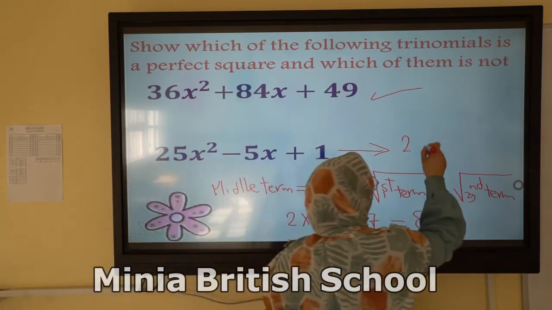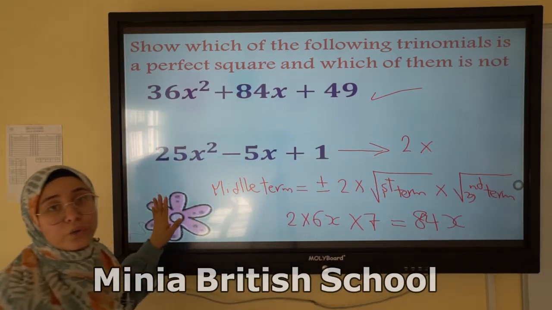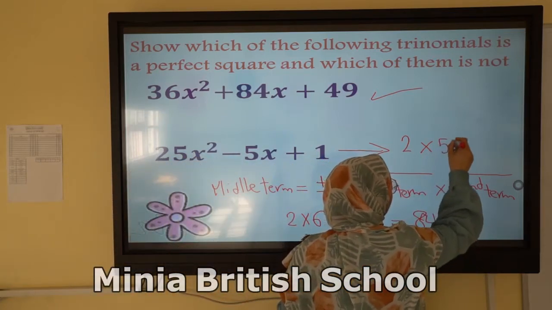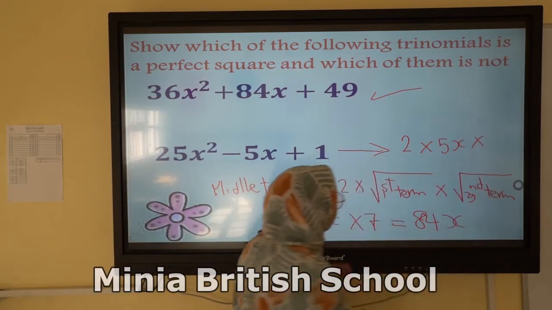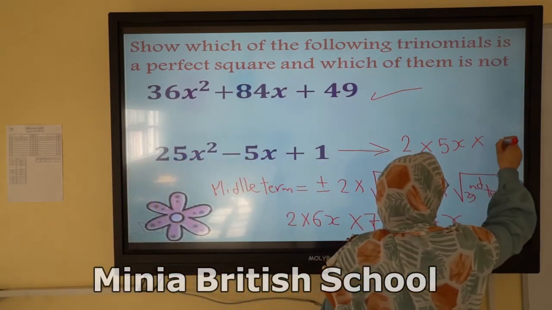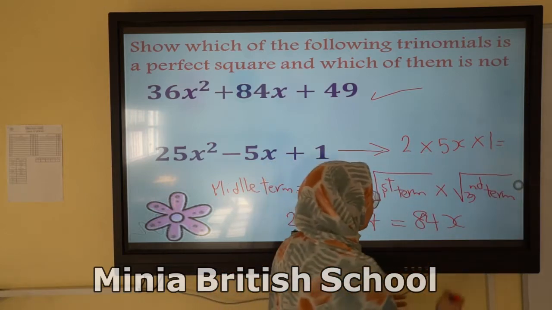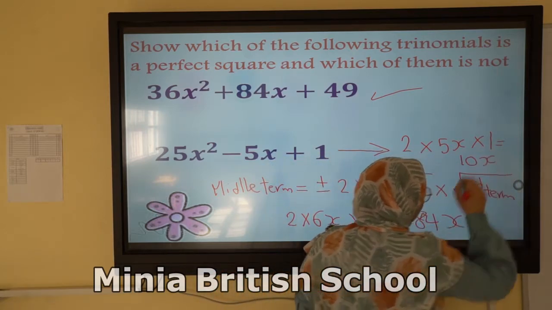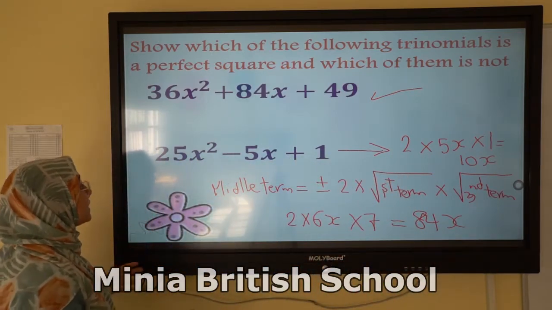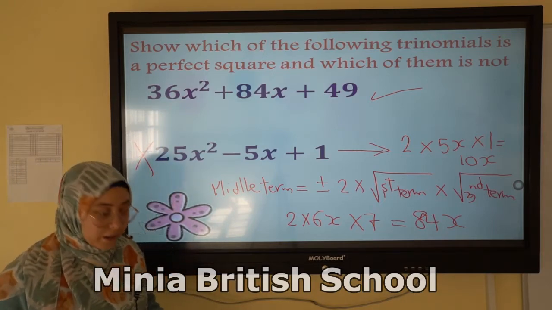So 2 times the square root of 25x power 2, which equals 5x, times the square root of 1, which equals 1. So the answer equals 2 times 5 times 1 equals 10, then 10x. But here the middle term is negative 5x. So this expression is not a perfect square trinomial.